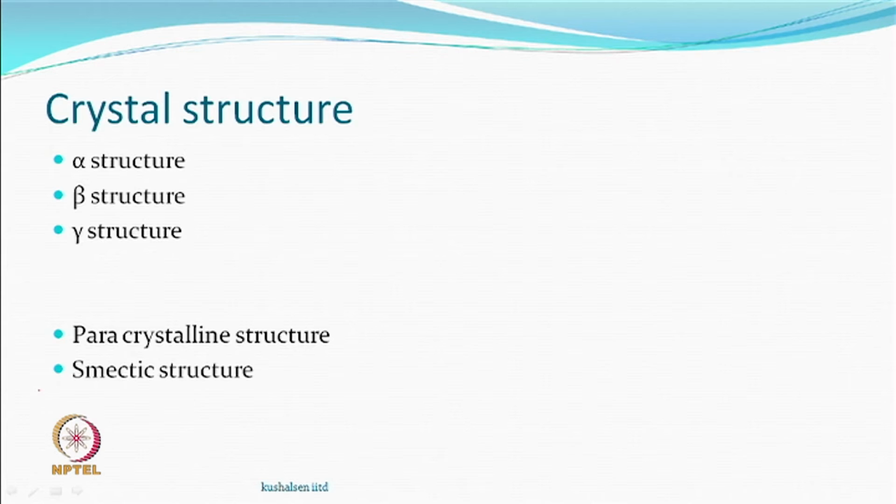So, they have different stability, one will be more stable than the other, and as a nomenclature, whatever is the most stable is called the alpha structure. So, whenever somebody says that we have alpha, that means more stable within the same polymer, right.